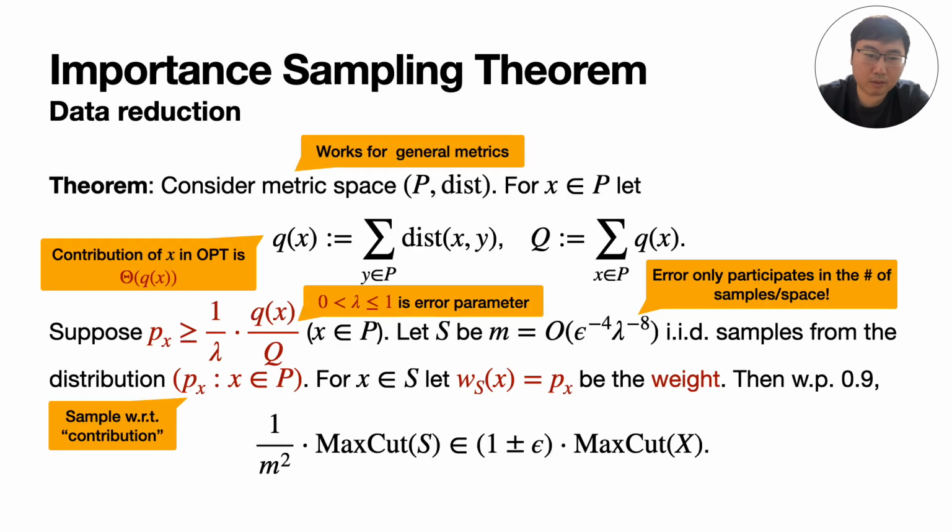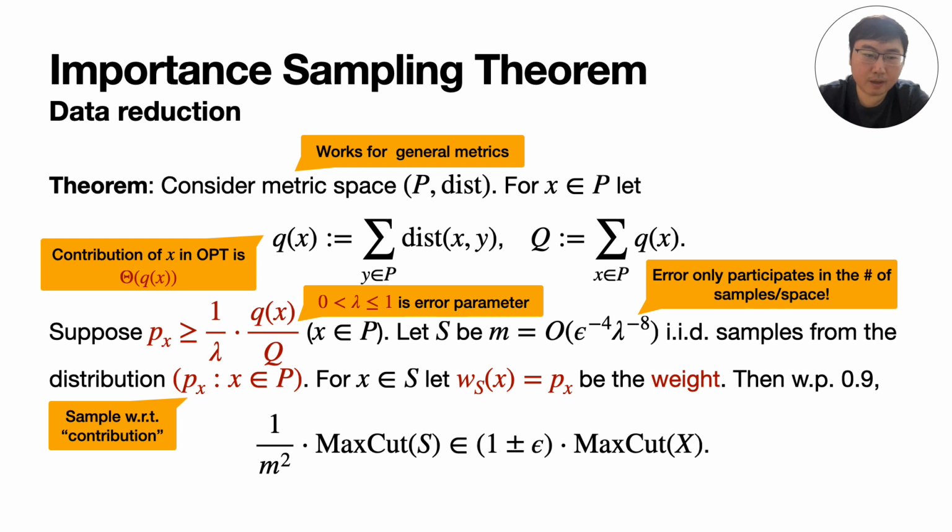Before we talk about the streaming algorithm, we prove a general data reduction theorem for max cut. Essentially, this theorem says that if we sample every data point x with a probability proportional to Q of x, which is defined as the sum of distances from x to every other data point, then the max cut on this subsample is within 1 plus minus epsilon of the original max cut.